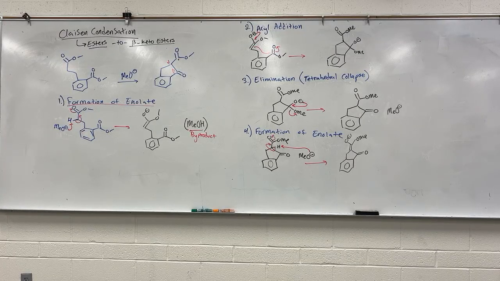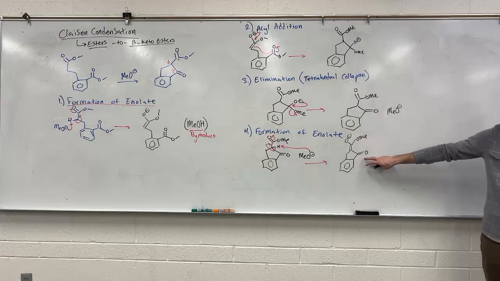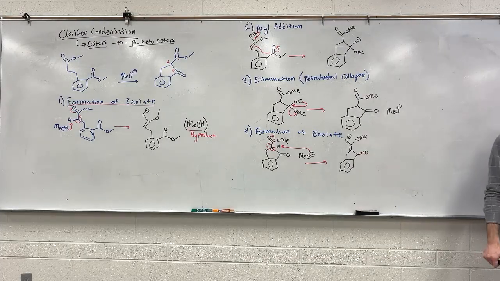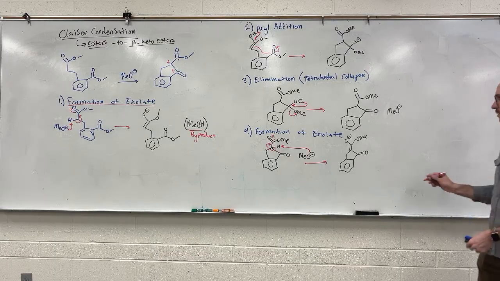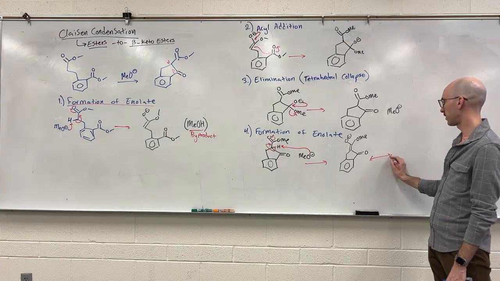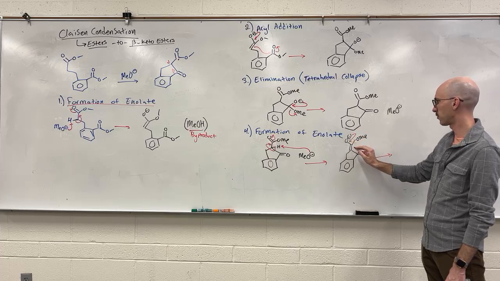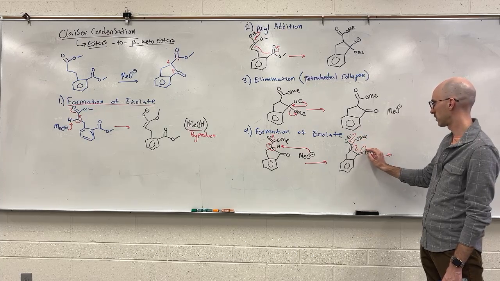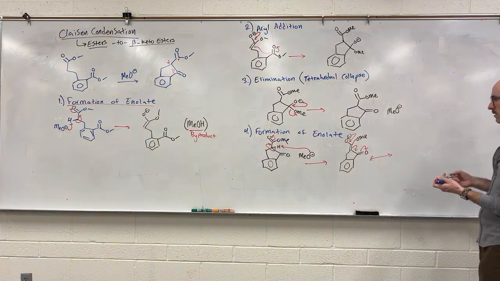I'm just picking one. I could have gone either side. Actually, I guess I picked the minor of the two possible resonance forms because it would be more stable, less induction on the ketone rather than the ester. I could show both of them. I don't need to. You can stop here if you want to. I'll show you the formation of the other enolate.